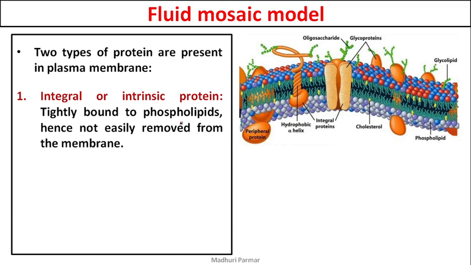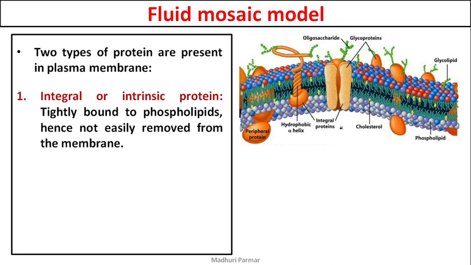When you separate the cell membrane for chemical analysis and study, you have to use detergent, because detergent can separate out the phospholipids, and then you are left with proteins. There is a whole process. But for these intrinsic proteins, you will require stronger detergents to remove them from the cell membrane.